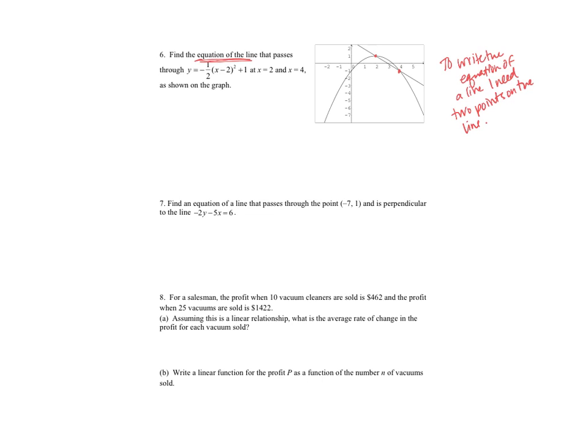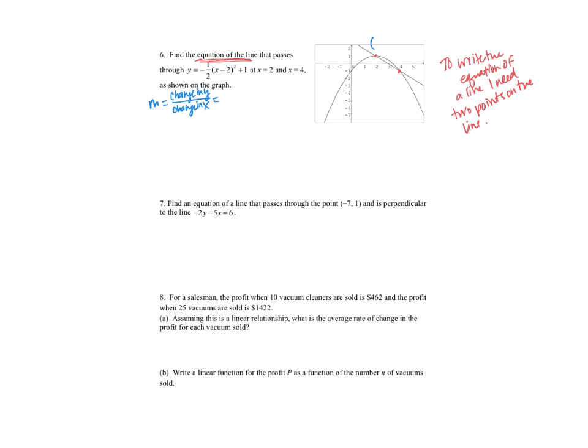So if I have 2 points on my line, I can write the equation of that line. And so what I'm going to do is compute my slope first of all. So I'm going to do the change in y over the change in x. Okay, I need to find those y values actually.